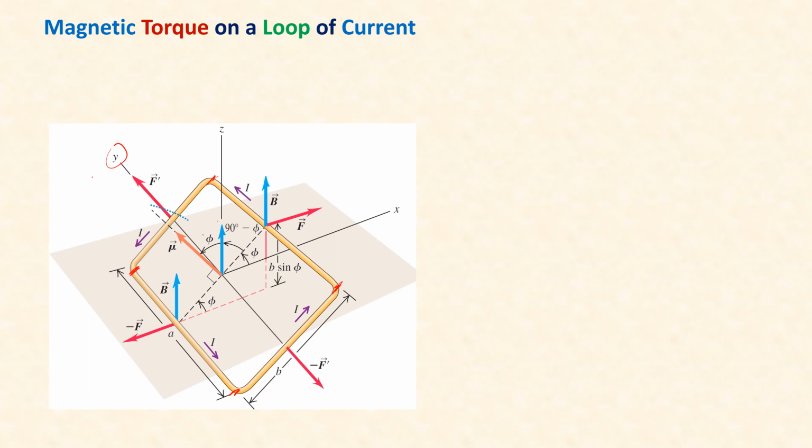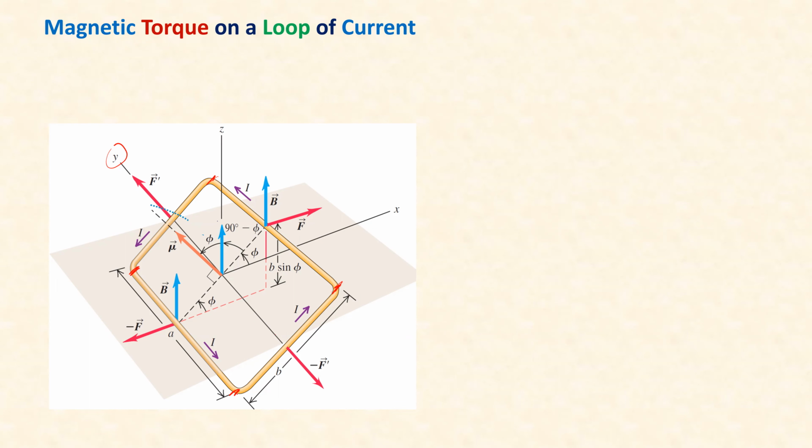You see that if you do V cross B or I cross B, you get the force in the X direction. So this force is in the X direction, you see, if you do the cross product. So the force on this side is in that direction.